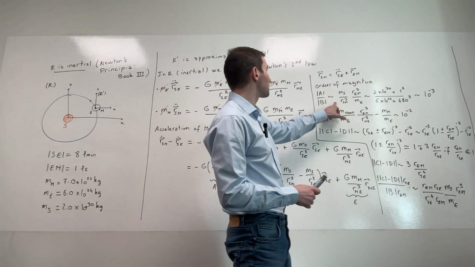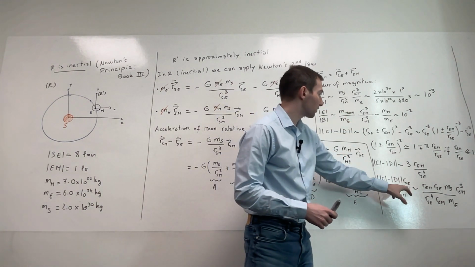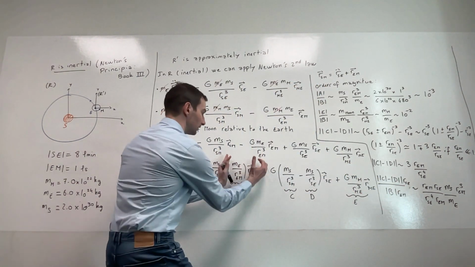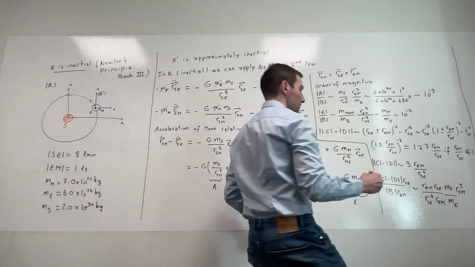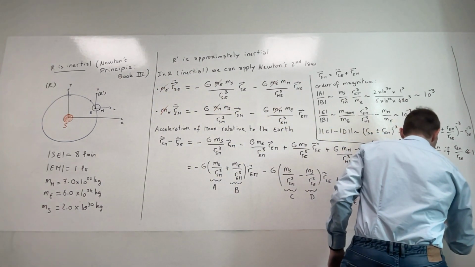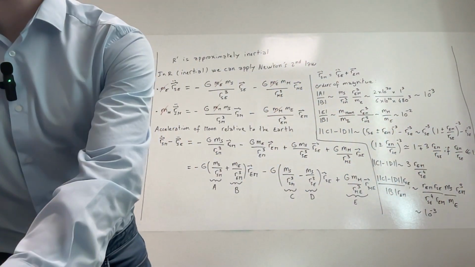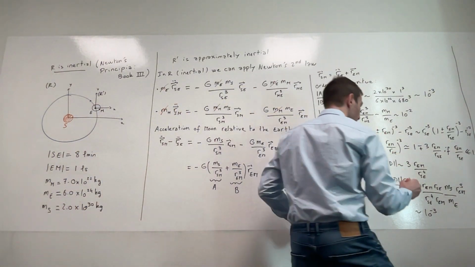So it turns out that the order of magnitude of C minus D over B with the corresponding RSE and REM here, so to compare really this with that, we actually get that this is 10 to the minus 3 as well.